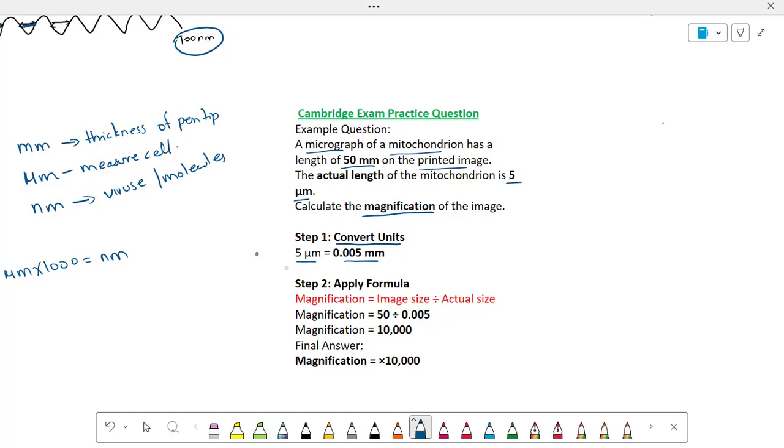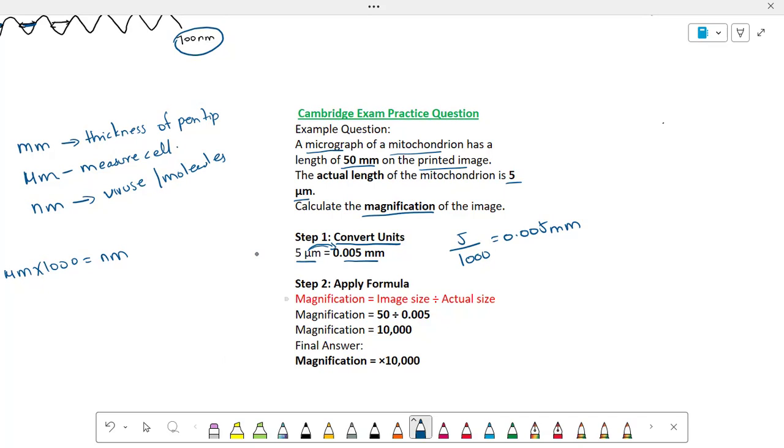And here is a tip to remember: when you go smaller in units, multiply by 1000, but whenever you go larger in units, you have to divide by 1000. Here we have to convert a smaller unit into a larger unit, so we divide by 1000 and you will get 0.05 millimeter. Okay, this is the first step. We convert the units so both values have the same units.